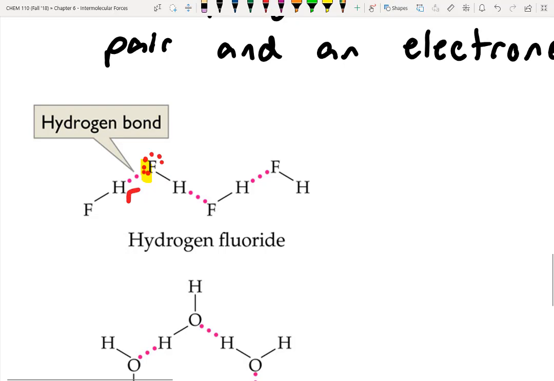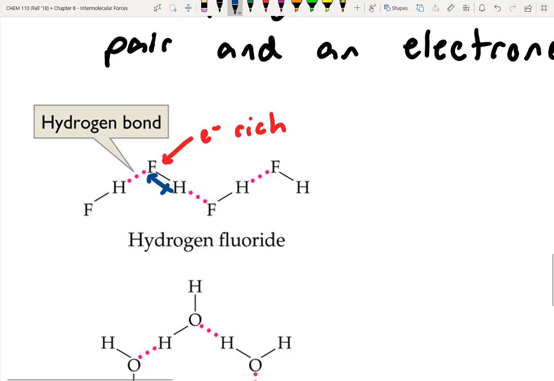The reason that this occurs is that this fluorine atom, let me actually rewrite this, is really electron rich because there's a net dipole, right? The net dipole is going to hog electron density away from the hydrogen, so that's electron rich.